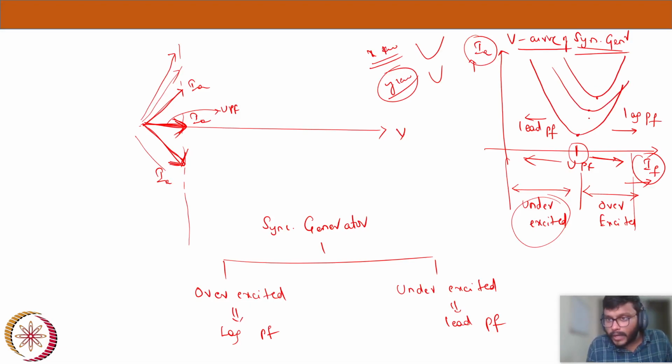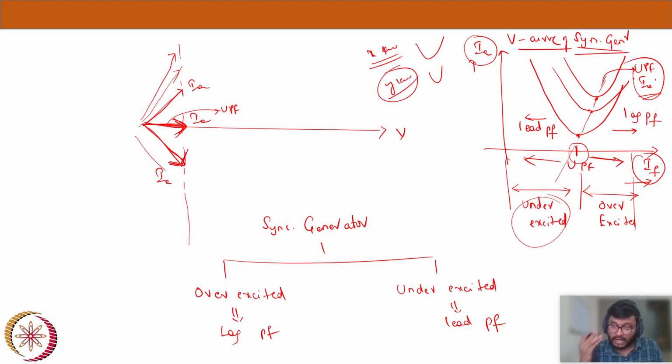Now, all these points, if you see, what are these points? This point, this point, this point. These are the locus of the unity power factor armature current operating points. People actually like these points.